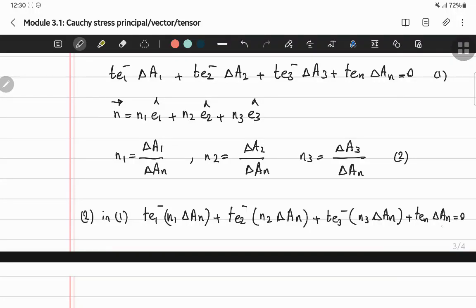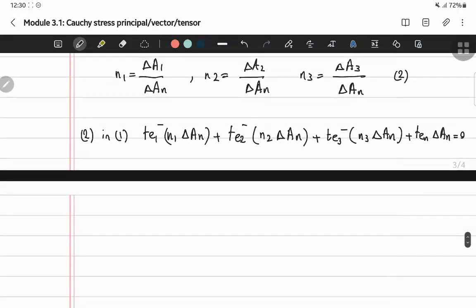So since delta an is not equal to 0, I can just remove this from both sides of the equation.